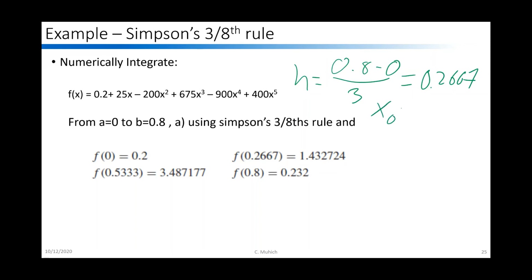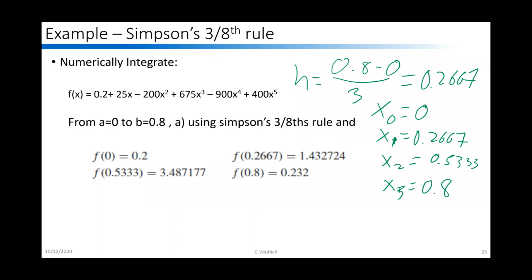This means that my x0 is still 0, my x1 is 0.2667, my x2 is 0.5333, and my x3 is 0.8. We then can go in, solve for the function value at each of these different points, and the values are shown here as appropriate.